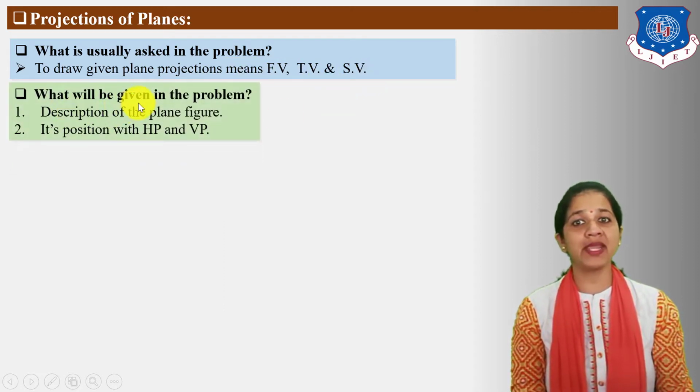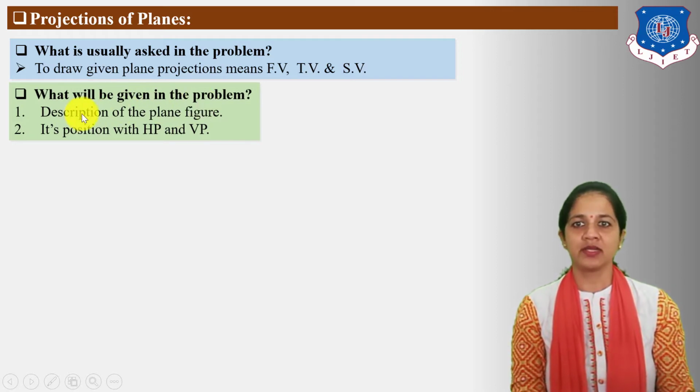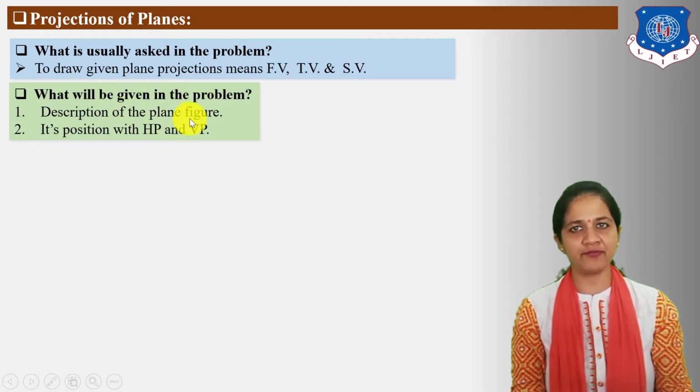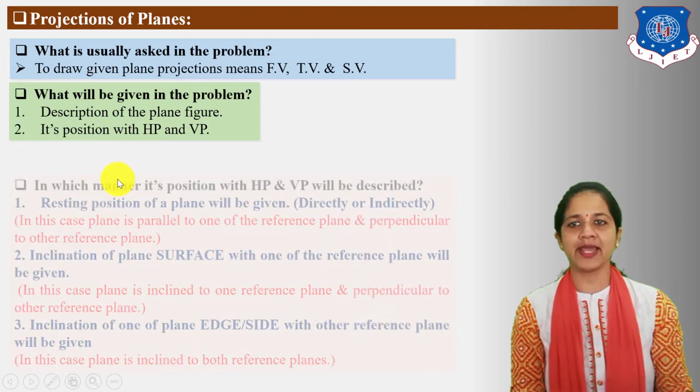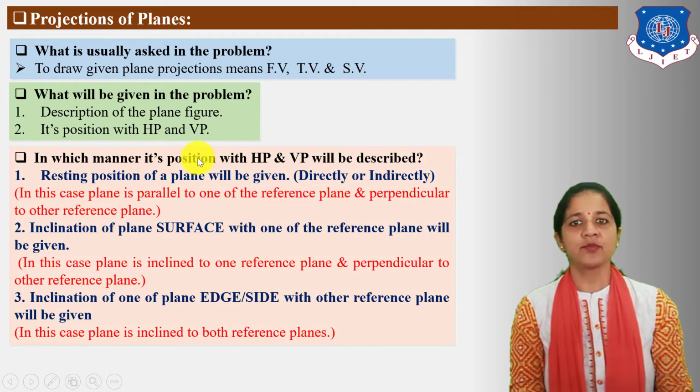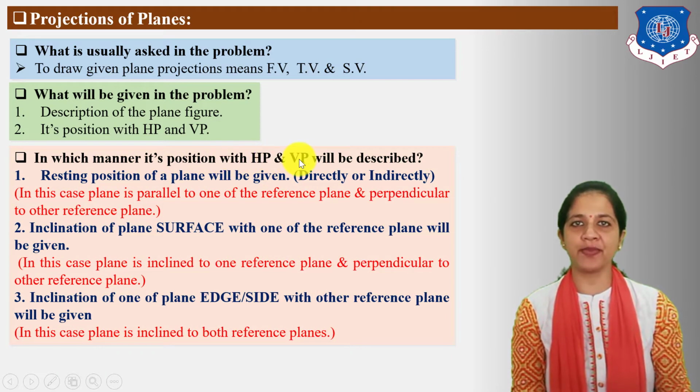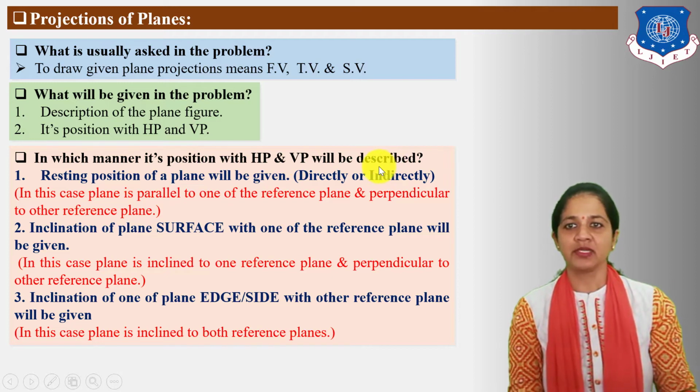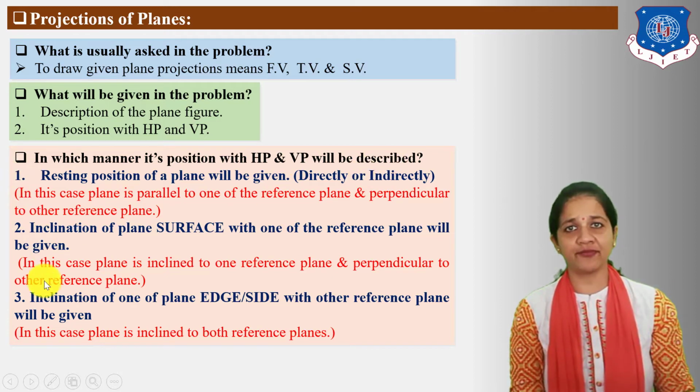Next, what will be given in the problem? A description of the plane figure and its position with HP and VP is given. Next, in which manners will the position with HP and VP be described? There are three different cases.